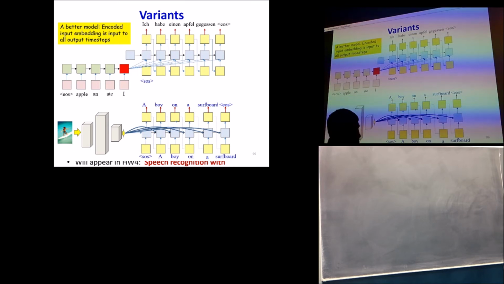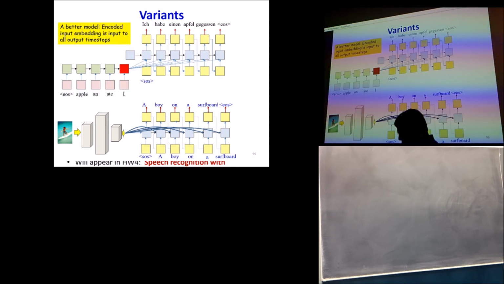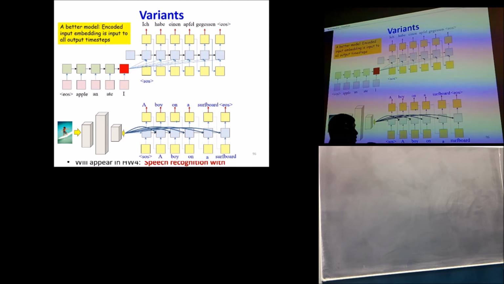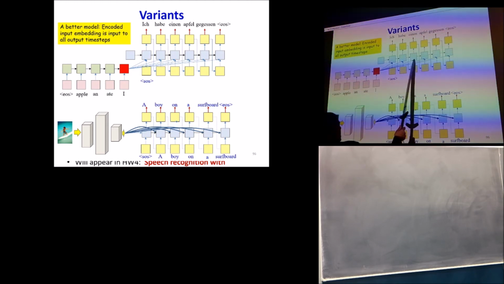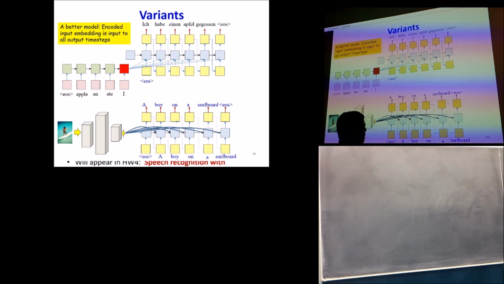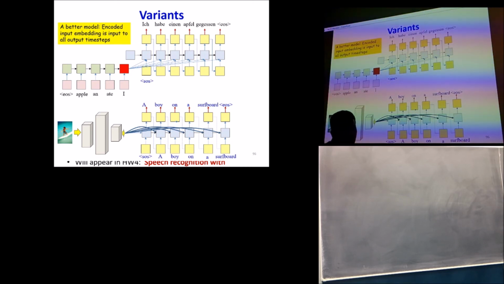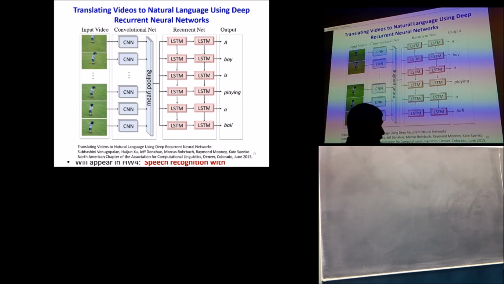That kind of has this problem that this hidden representation is seen once and could actually be forgotten as the output sequence becomes longer and longer. So a simple extension is to have this hidden representation feed into the network at each time. Particularly, if you're doing something like image captioning, this could be fed in every time during the decoding process. And here is an instance where they actually used exactly that idea to generate captions for images.